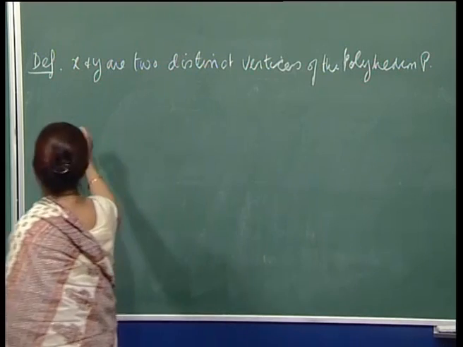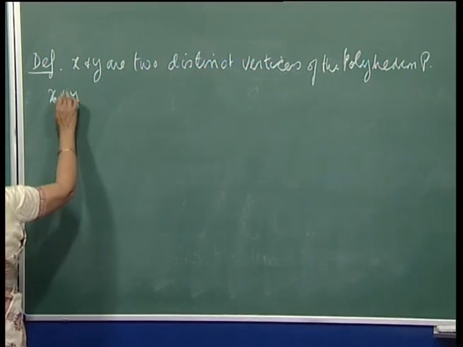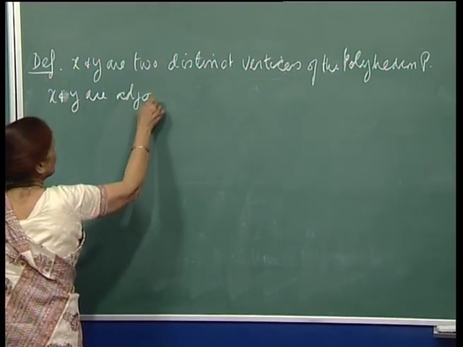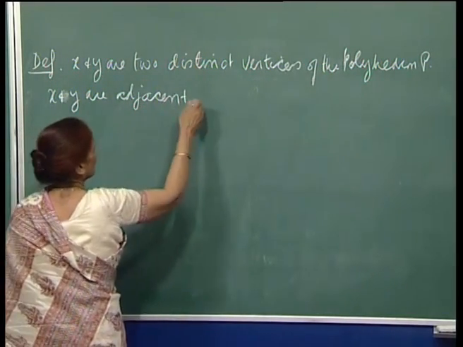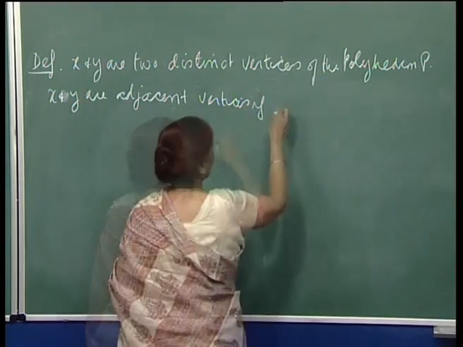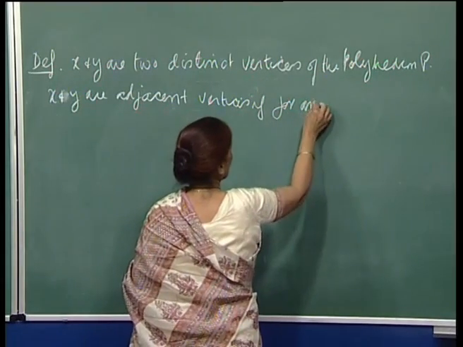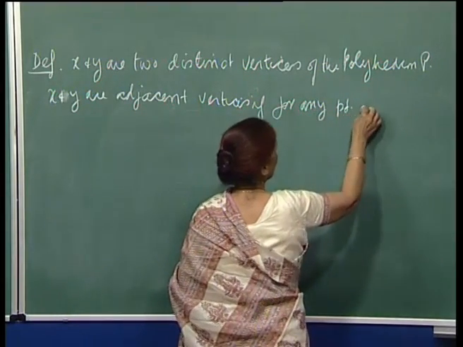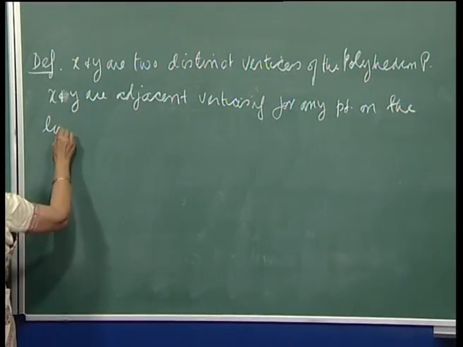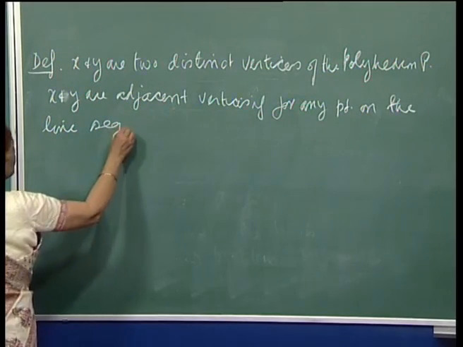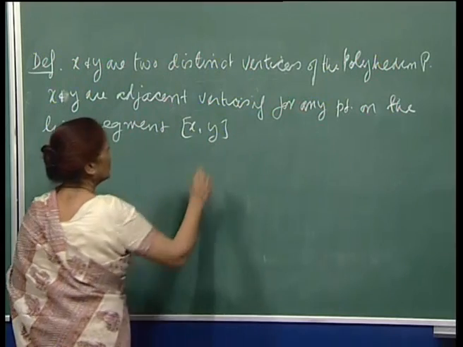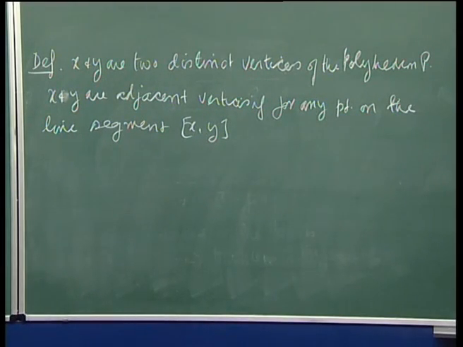We say that x and y are adjacent vertices if for any point on the line segment, so I will refer to the line segment by this x comma y.